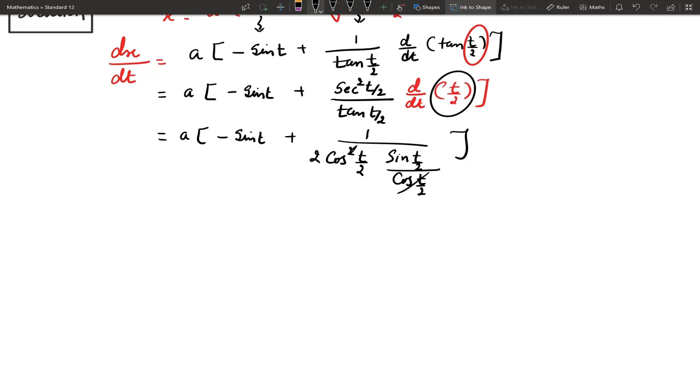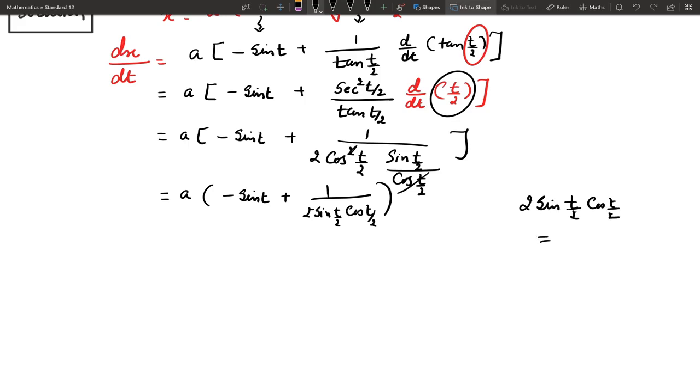So now the simplification is a into bracket minus sin t plus 1 upon 2 sin t by 2 cos t by 2. Again you are familiar with this formula, 2 sin t by 2 cos t by 2 is sin t.